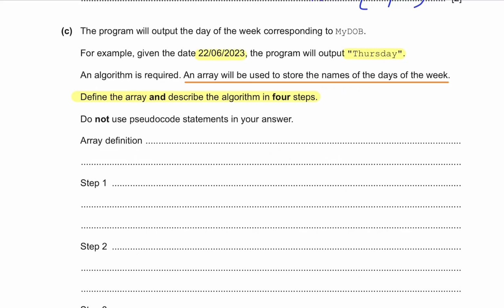First thing, array definition. Array definition is what type, define the array. Let's say a 1D array, one dimensional array containing how many elements? 7 elements. Why did I say 7? How many days are there in the week? 7 days.